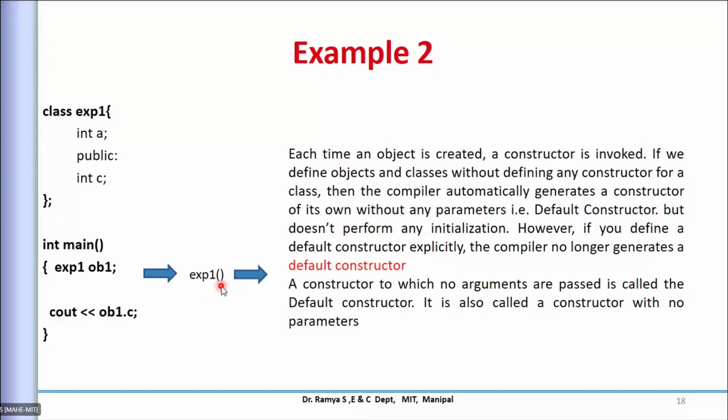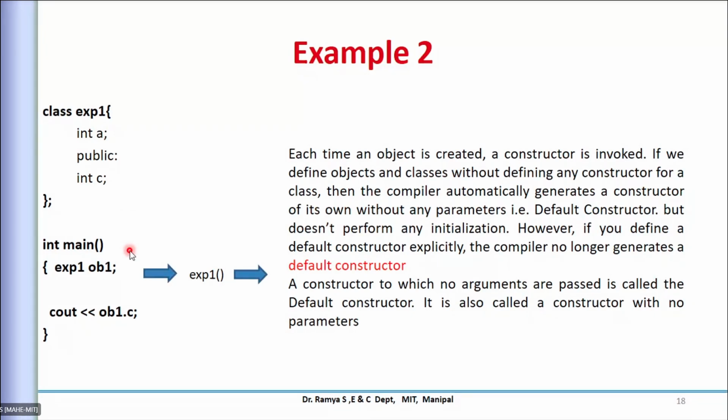It is going to put aside memory area for that. So it is going to call the default constructor by itself, and it is going to initialize this particular object with these data areas where memory is allocated. I hope it is clear.